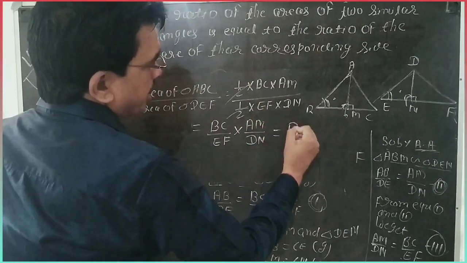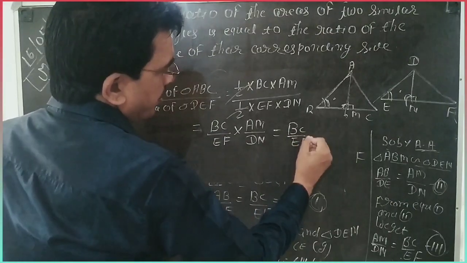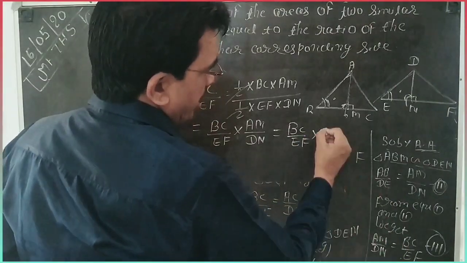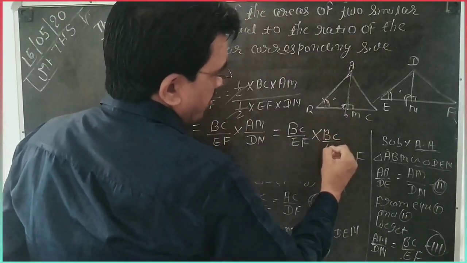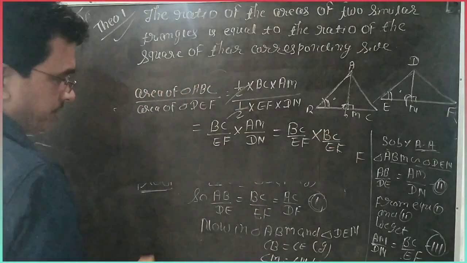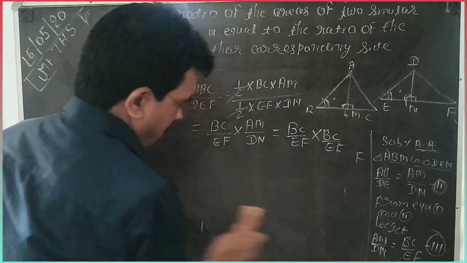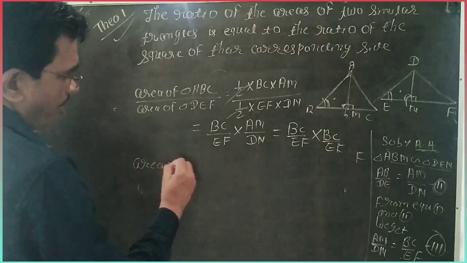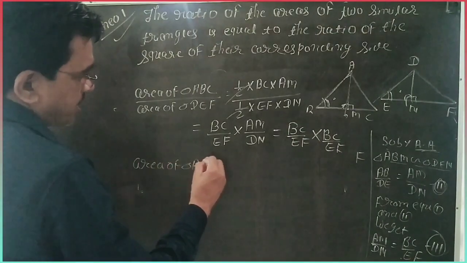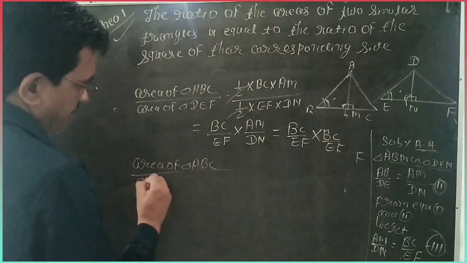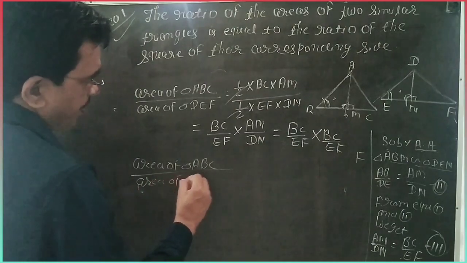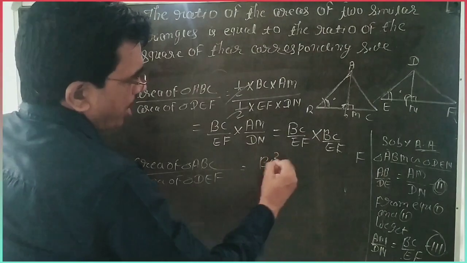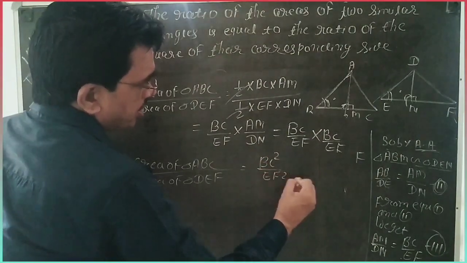And BC by EF is one factor, and AM by DN is also equal to BC by EF. So write BC by EF. Then you write area of triangle ABC by area of triangle DEF is equal to BC square by EF square.